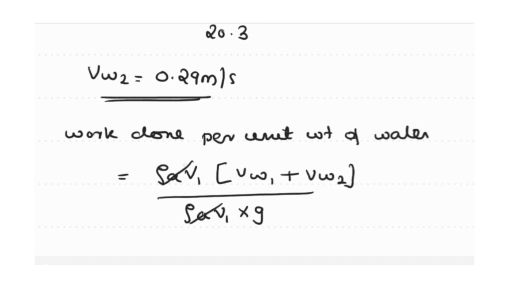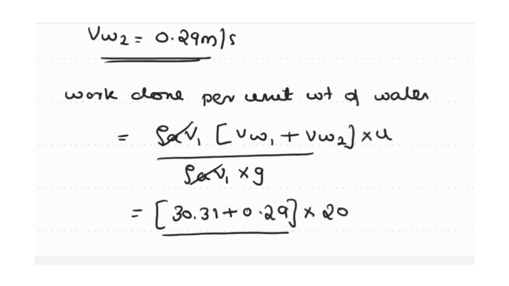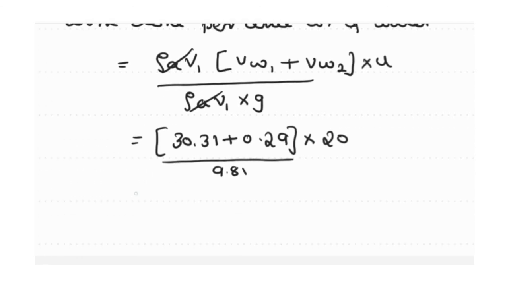So this and this get cancelled. So VW1 we have calculated as 30.31, VW2 is 0.29, into U is 20, divided by g is 9.81. So we'll get the answer equal to 62.39 Newton meter per Newton.